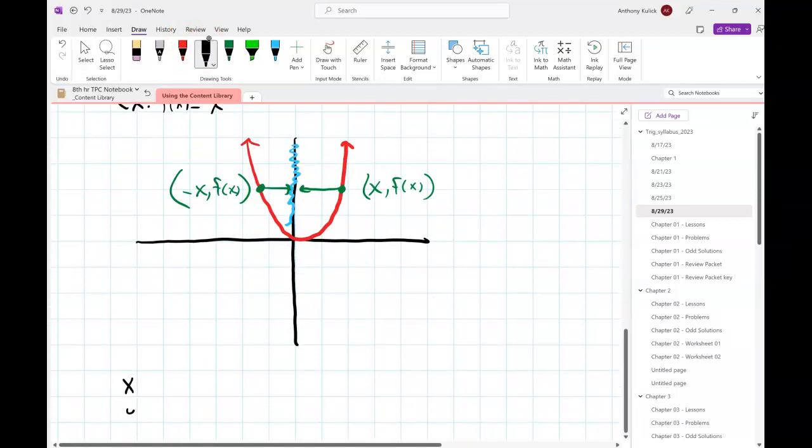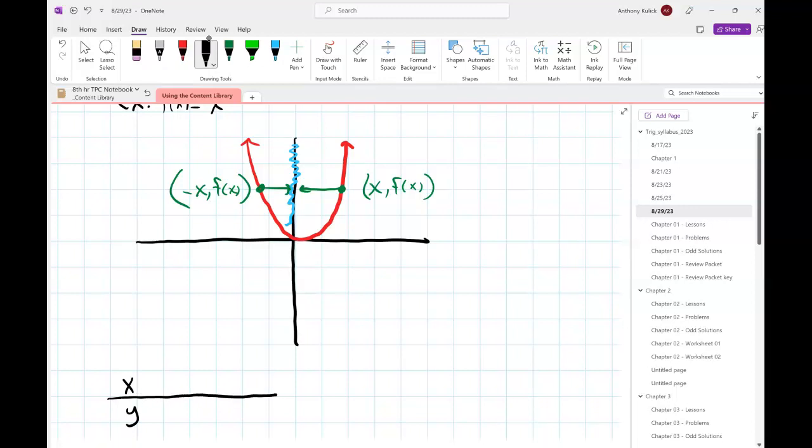So just like before, let's write an XY table to look at what's going on with these coordinates. So just pick some x's. When I plug those in, -3 squared is 9, -2 squared is 4, -1 squared is 1, 0 squared is 0, 1 squared is 1, 2 squared is 4, and 3 squared is 9.